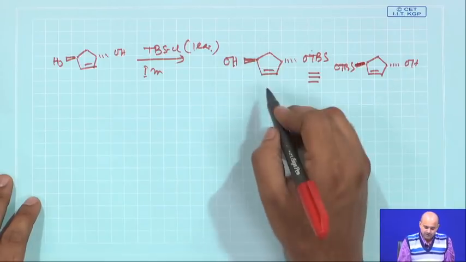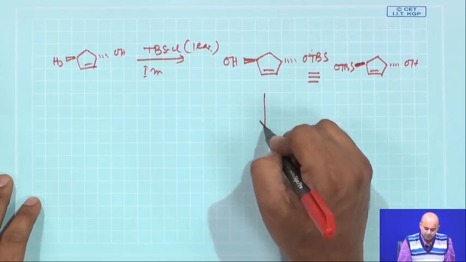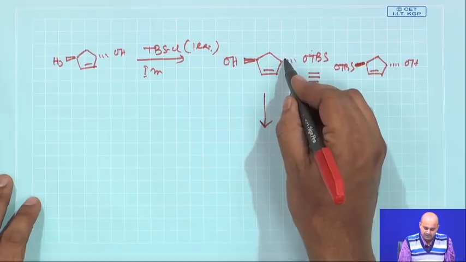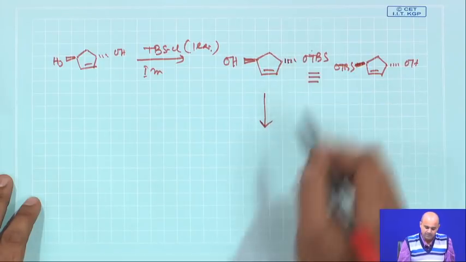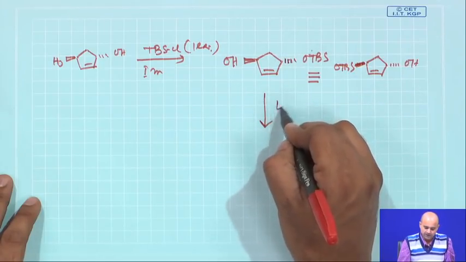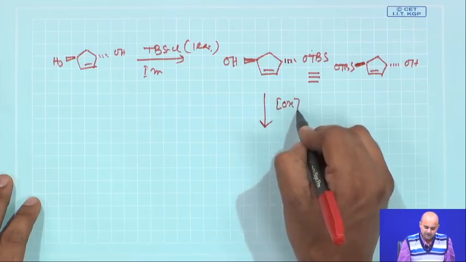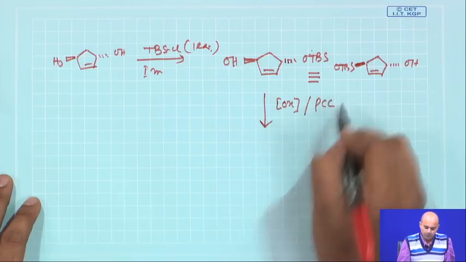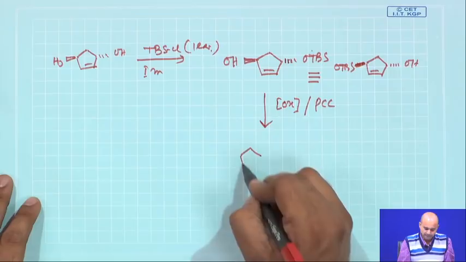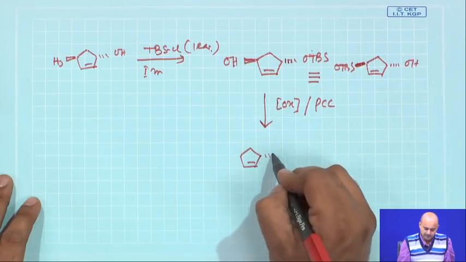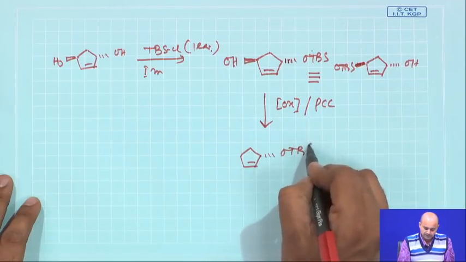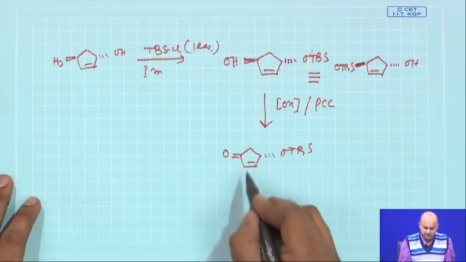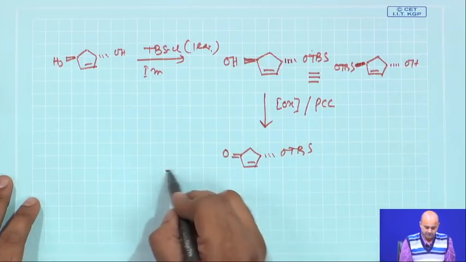So, now try to do the same thing, you basically protect this OH as its bulky TBS group. You use an oxidizing condition with pyridinium chlorochromate or PCC, and you basically get an alpha beta unsaturated ketone.